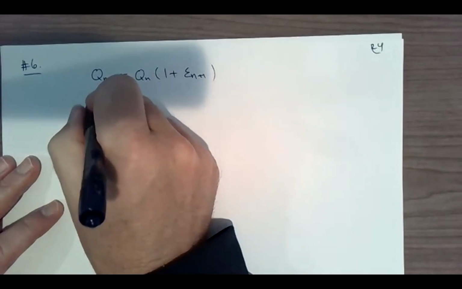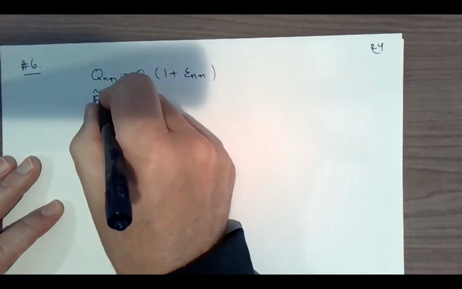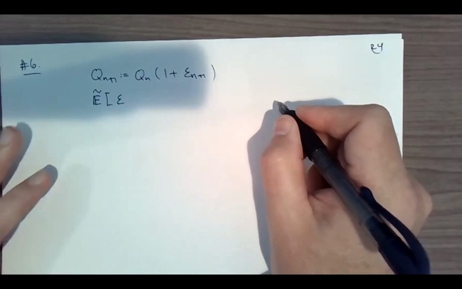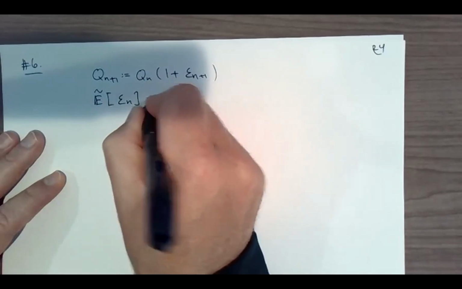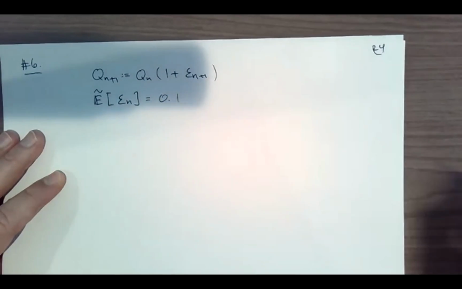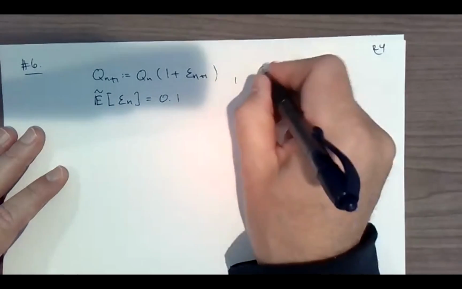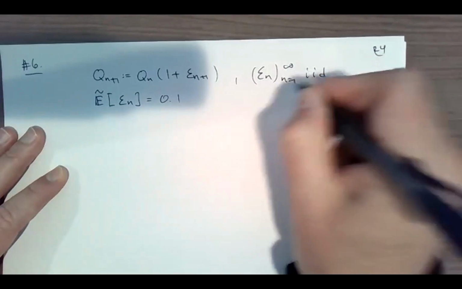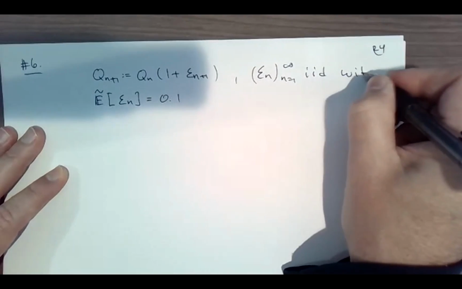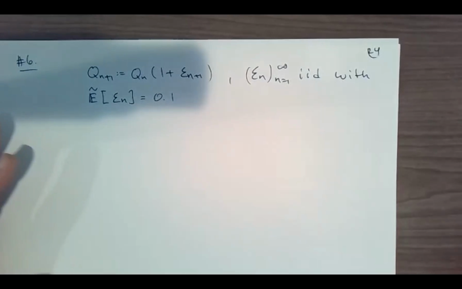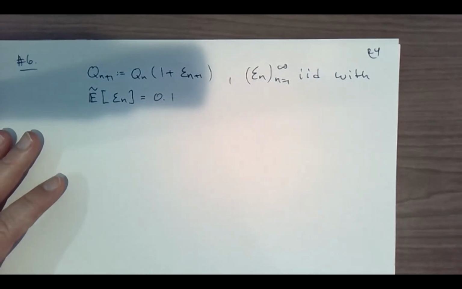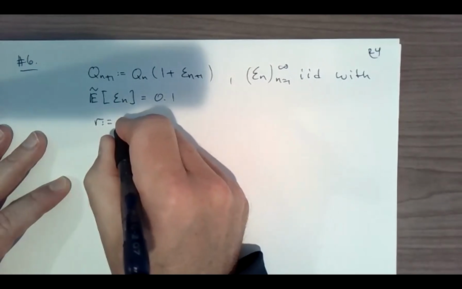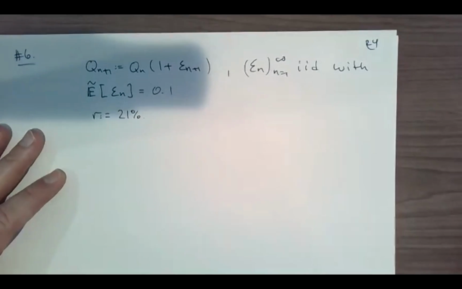And the assumption that has been given to you is that these random variables are IID, and they have mean 0.1. So the epsilon n's are IID and they have this mean of 0.1. You've also been given that the interest rate in the domestic currency is 21%.